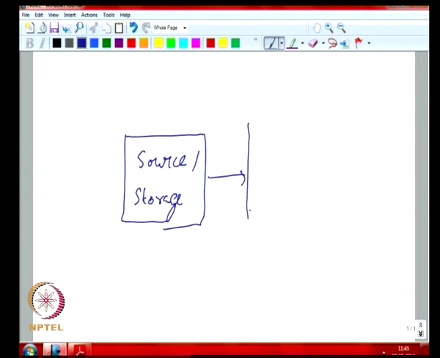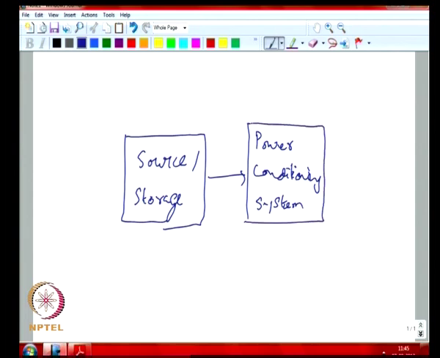The output would go to a power conditioning system, and the output would be fed to the grid. Often the source might be generating power at DC level or sometimes at AC.